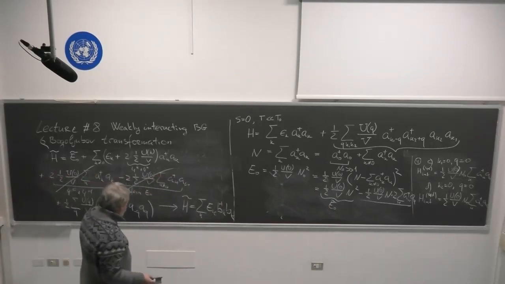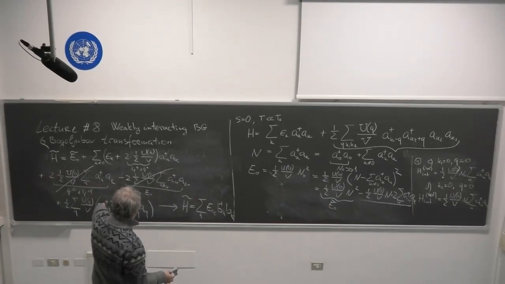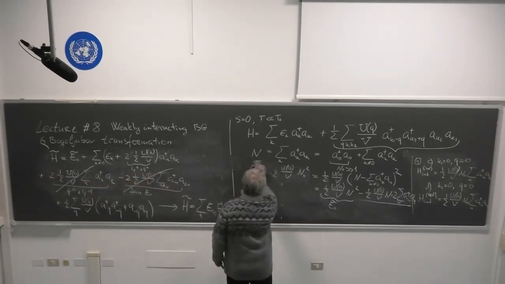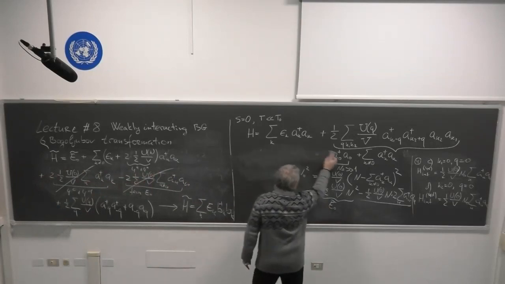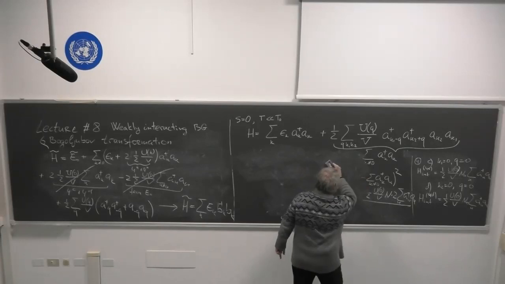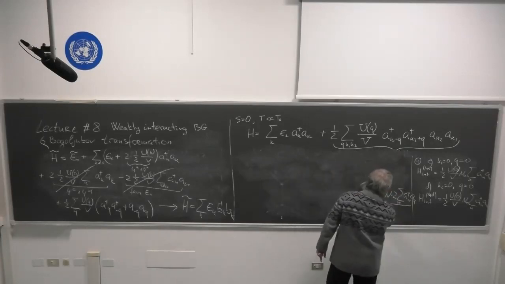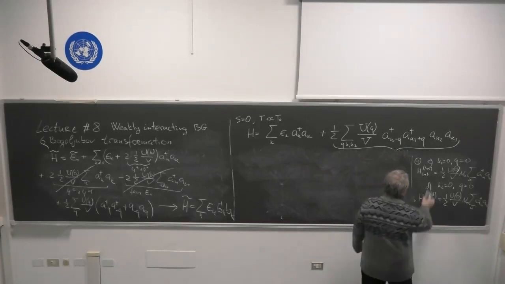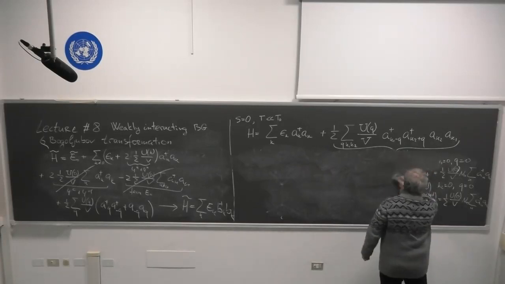Mathematically, we are going to take a quadratic form and bring it to the diagonal form. The meaning of this diagonalization is that we reduce our system to non-interacting modes, like non-interacting harmonic oscillators, which you consider in classical mechanics.